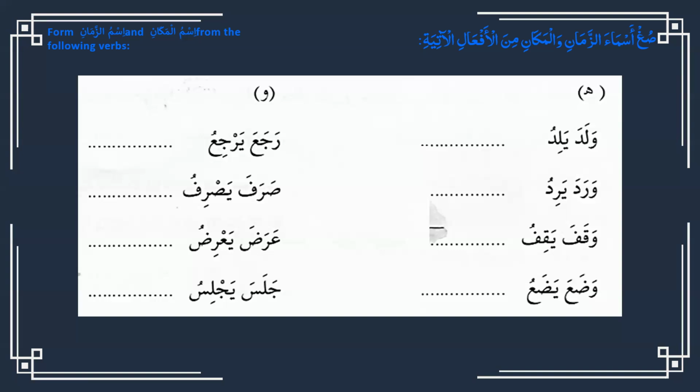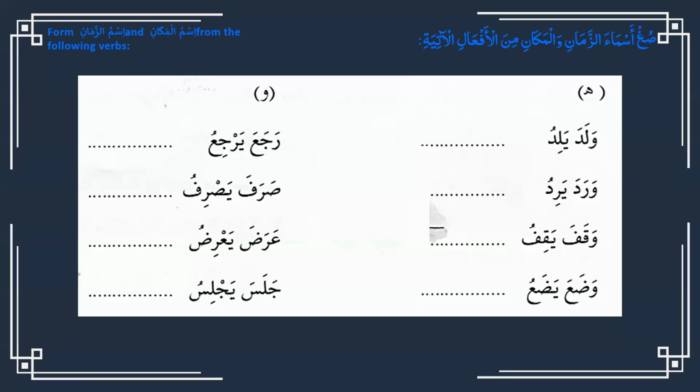Yes, it is. That word is practically used for exhibition. You're right. Jalasa yajlisu is to sit, and majlis will be the place to sit. It's like a gathering. Yeah, the word majlis is used for gathering.